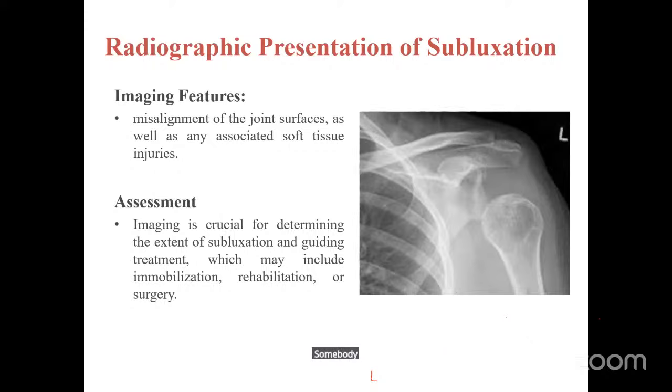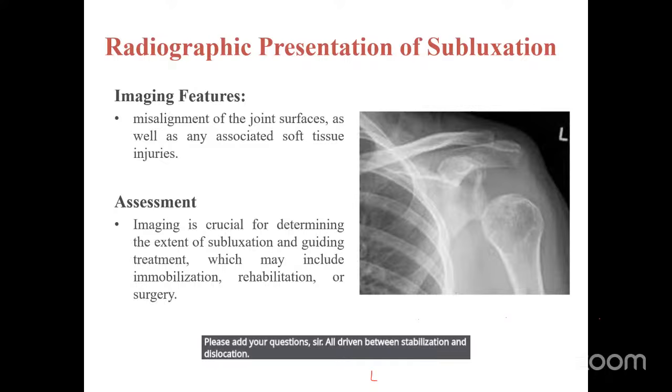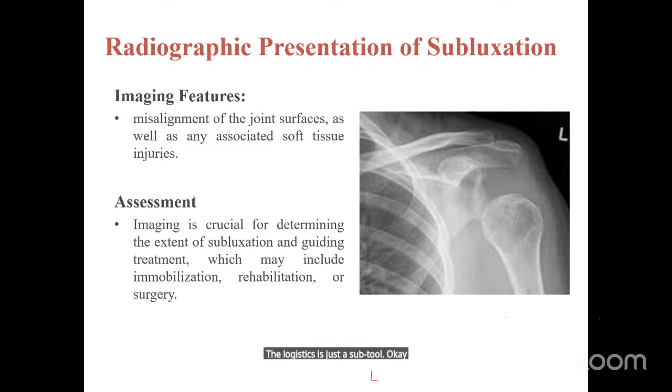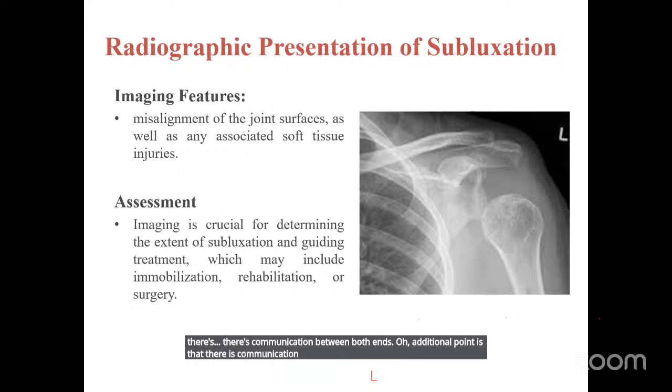Somebody talking? Question, sir. Go ahead. What's the difference between subluxation and dislocation? Subluxation is just subtle, meaning partial misalignment, and there is communication between both ends.